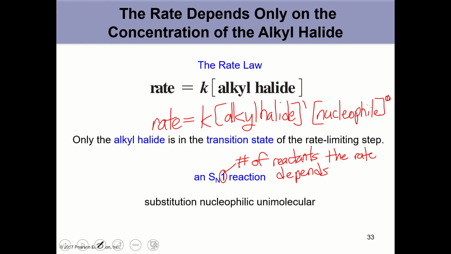But remember that raising a substance to the power of 0 makes that substance equal to 1, the number 1. And so the nucleophile does not factor into the rate of an SN1 reaction. This type of substitution is called substitution nucleophilic unimolecular, so that the rate depends only on 1 molecule, the alkyl halide.